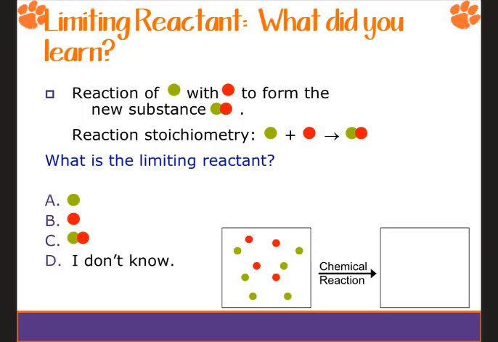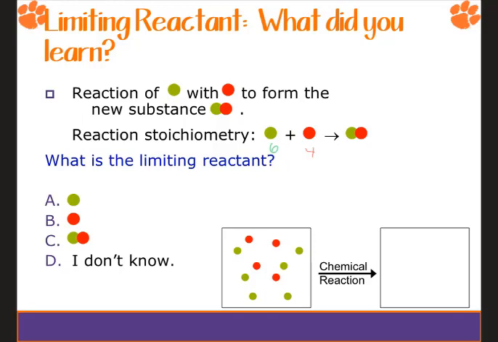I know I need these to react together in a 1-to-1 mole ratio, so let's count how many we have. For the green, we have 1, 2, 3, 4, 5, 6, so I have 6 of those. For the red, I have 1, 2, 3, 4. I only have 4 of those. If we're trying to figure out how many of the green-red product we can make, since these are at a 1-to-1 mole ratio, you're going to run out of the red spheres first.